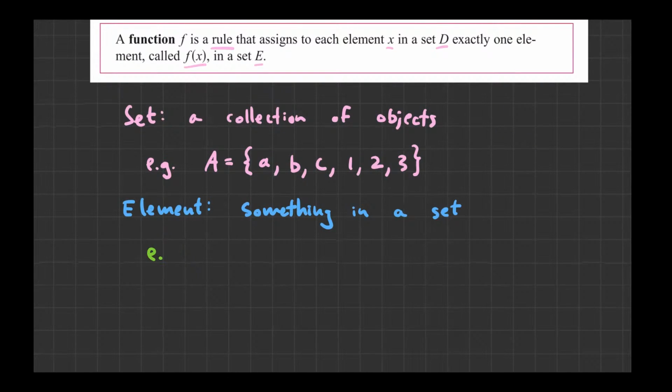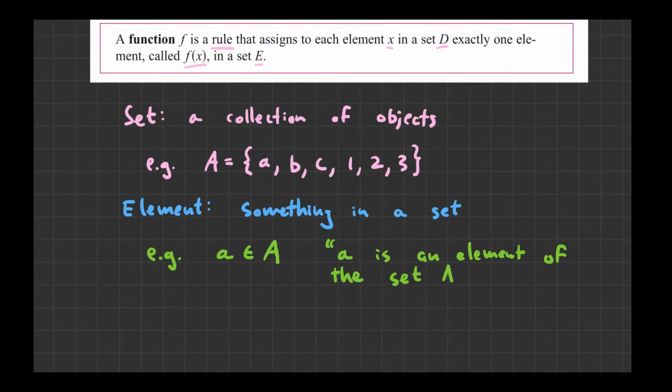So for example, we would say that a is an element of the set A. Or in other words, a is an element of the set capital A. Okay?